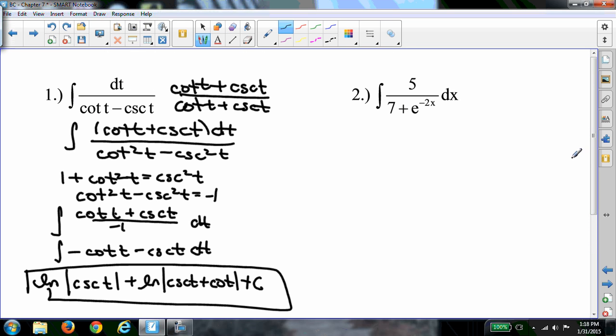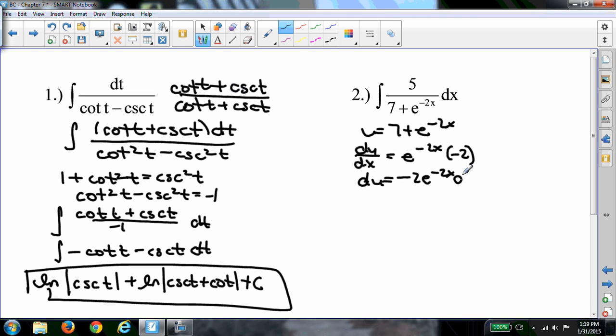In the second example here, notice if I let u equals 7 plus e to the negative 2x, and then take the derivative, I get du dx equals e to the negative 2x times negative 2 for chain rule, and therefore du equals negative 2 e to the negative 2x dx.